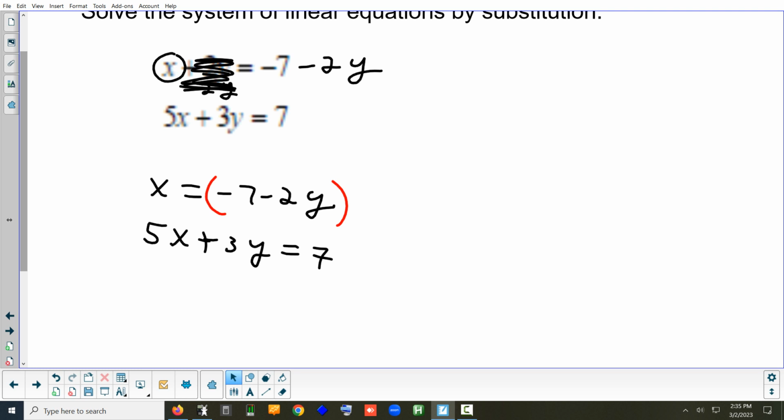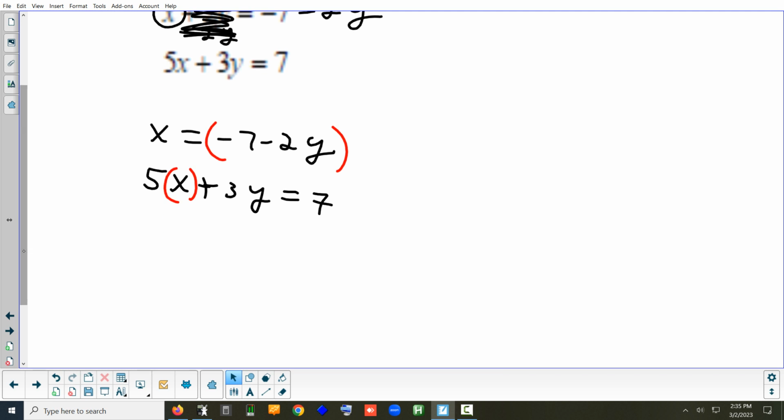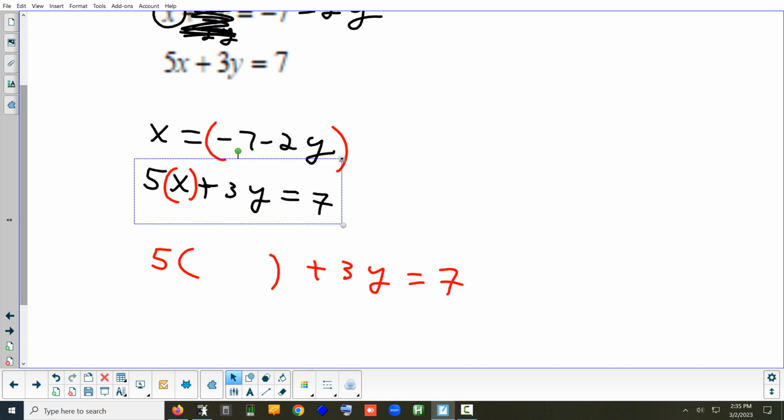The X. And now we're going to change that X. So let's copy down everything we have. 5. Don't write X because we're going to change that. What am I going to change this X to?